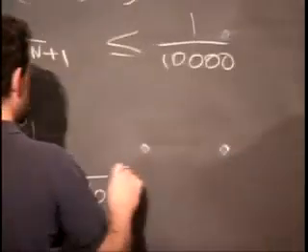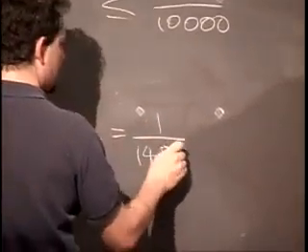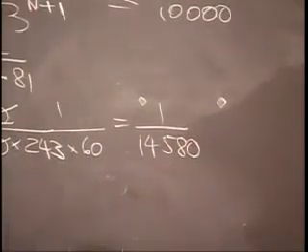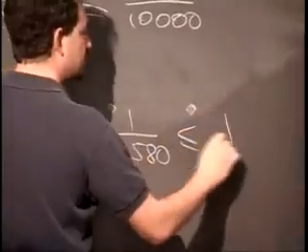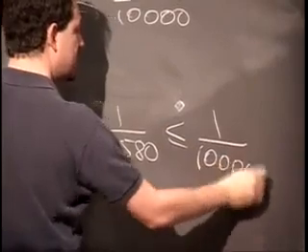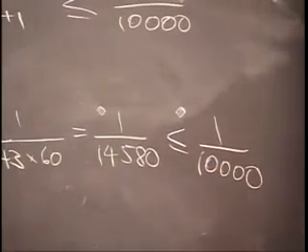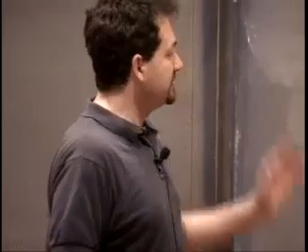So, is that good enough? Yes, that is less than or equal to 1 over 10,000. So n equals 4 will do. Now, you might say, well, what about n equals 5, 6, 7? Yes, they are all even better. So any number that is 4 or bigger will work.